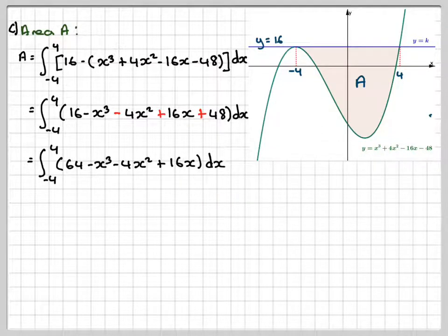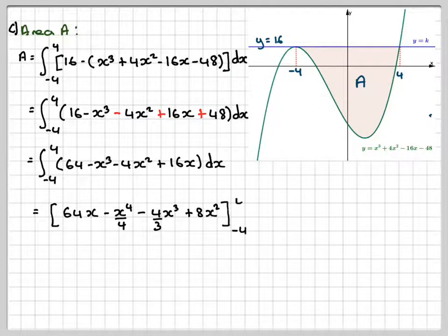We're ready to integrate. So integrating this becomes 64x minus x to the 4 over 4 minus 4x cubed over 3 plus 16x squared over 2, which is 8x squared. Now the limits go here from minus 4 to 4. We now substitute the higher limit in.